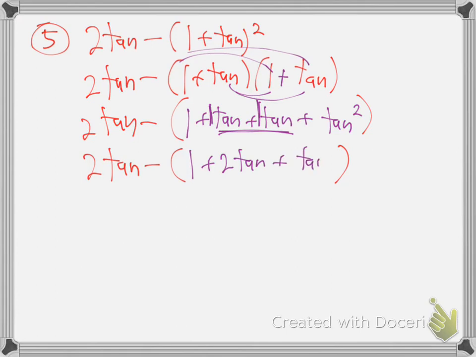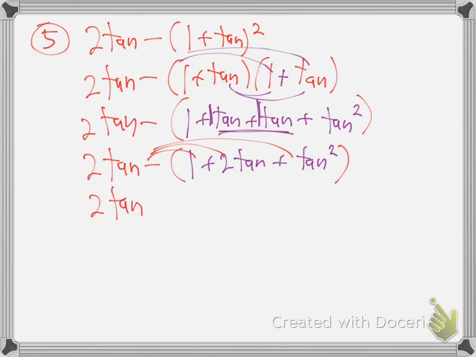Just like terms there. And now let that minus sign go ahead and distribute all the way through there. So the minus sign will go boom, boom, boom, like that.